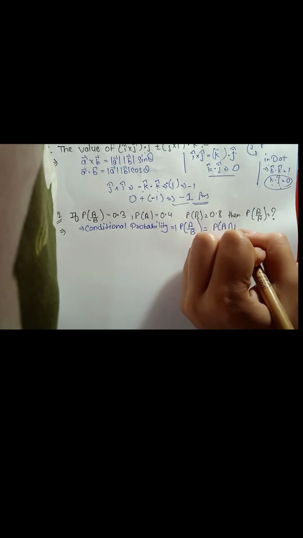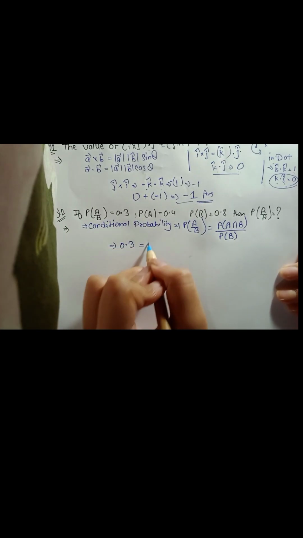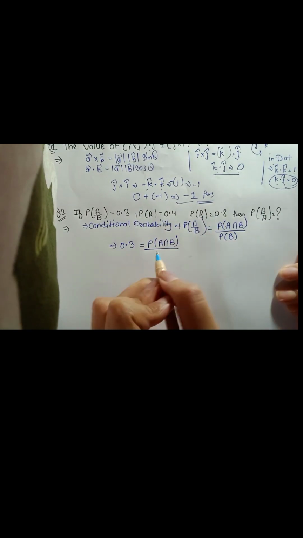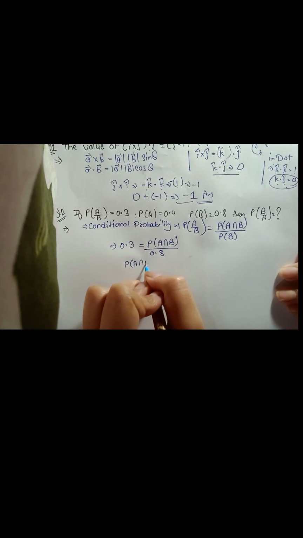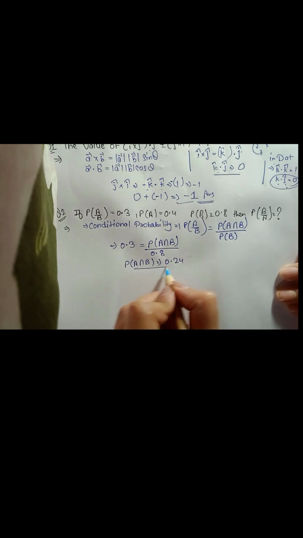This is known as conditional probability, where probability of A given B is probability of A intersection B by probability of B. Given A given B is 0.3 and probability of B is 0.8, we solve and get probability of A intersection B as 0.24.